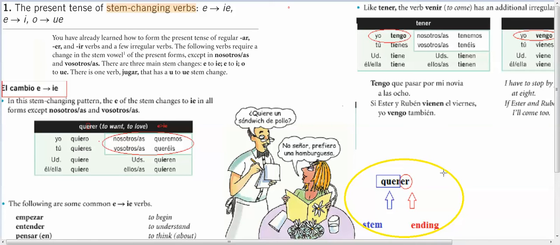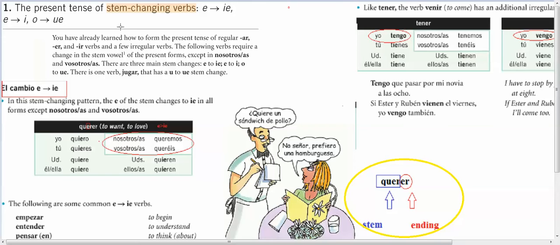There's 3 different types of verbs: AR, ER, and IR, and you determine which type a verb is by looking at its ending. So this would be an ER verb, and you would take the ER off and add the ER endings.